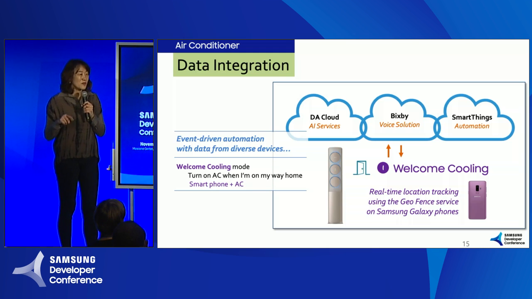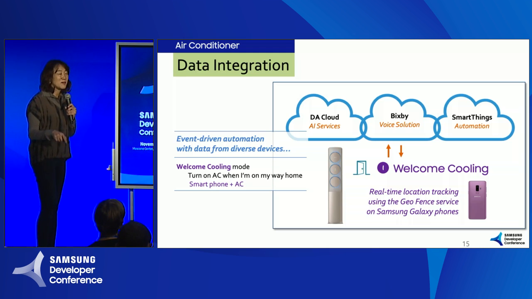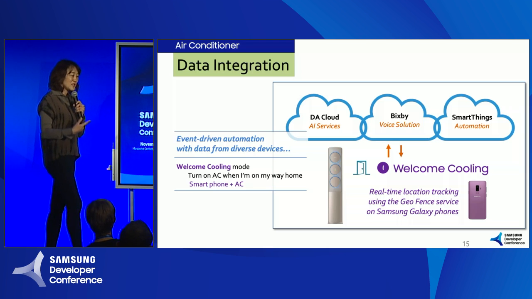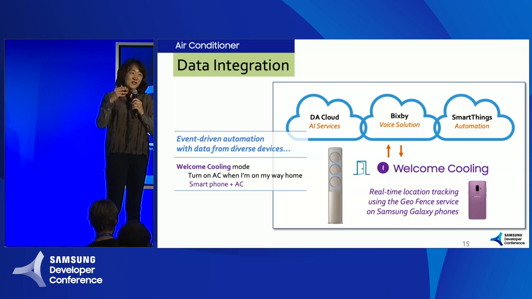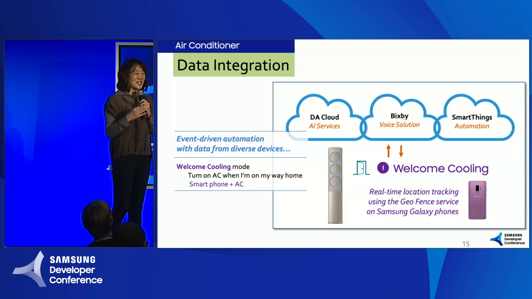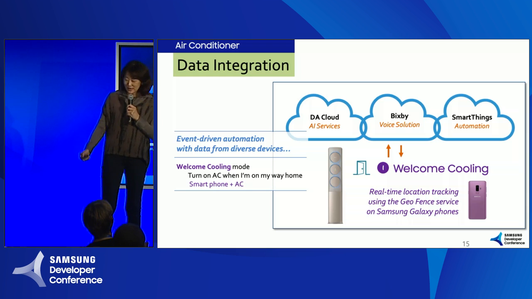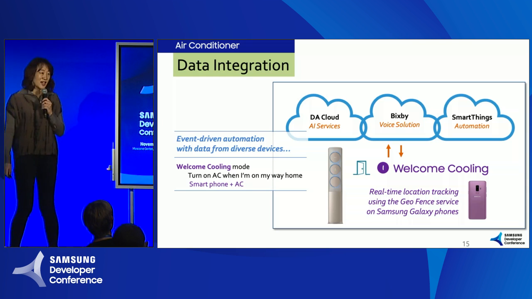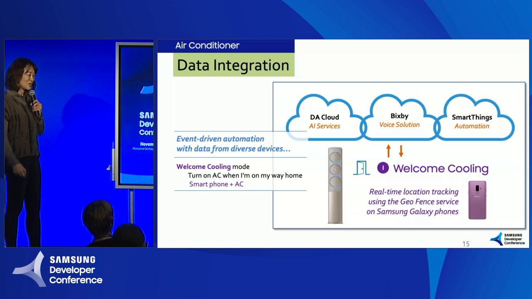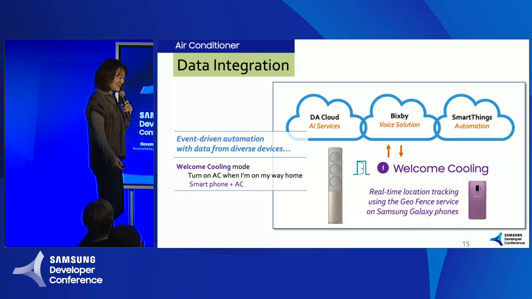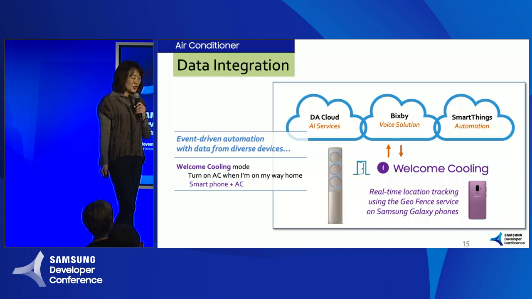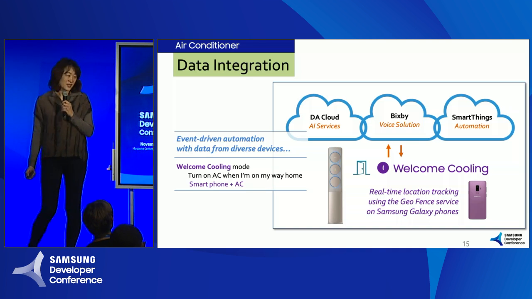By using the geofencing mechanism that's already running on your phone, we can make a rule and make this automatic, meaning that if you are close to your house, we can get the notification out, and the user can automatically set the air conditioner before they arrive. So that when you come into the house, it's very nice to just come in. That's a new feature that we added this year in 2018 for the Korean market.